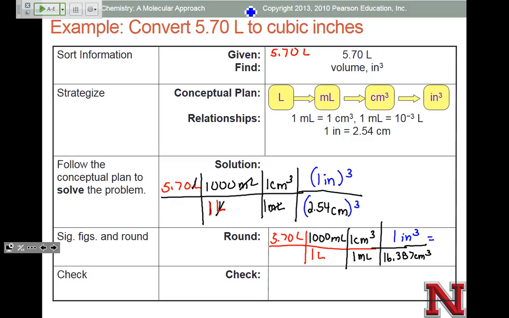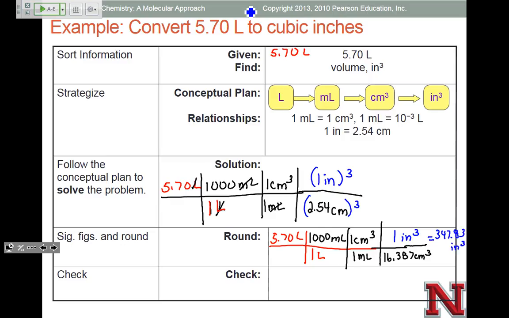So when we do put this in our calculator, again, everything at the top is multiplied, everything at the bottom is divided. We get 347.83 inches cubed.